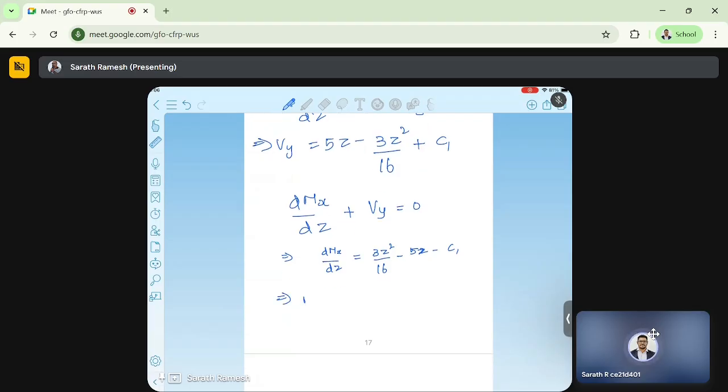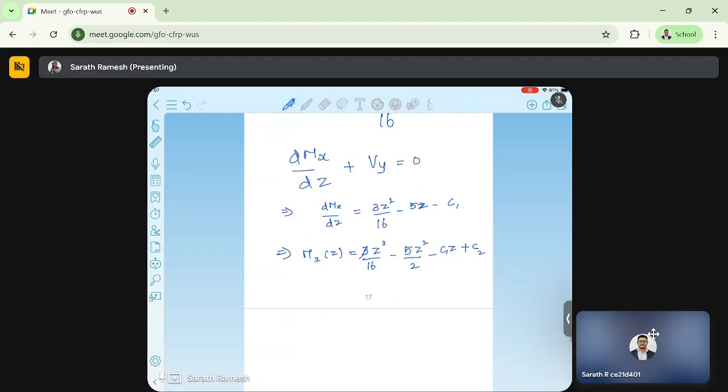Now Mx of z will be, integrating on both sides, 3z cubed by 16 times 3, that is z cubed by 16, minus 5z squared by 2 minus C1 z plus C2, right?